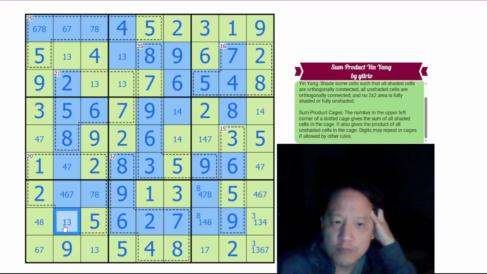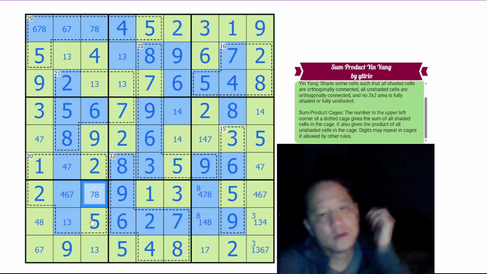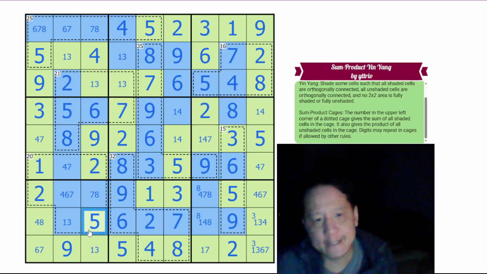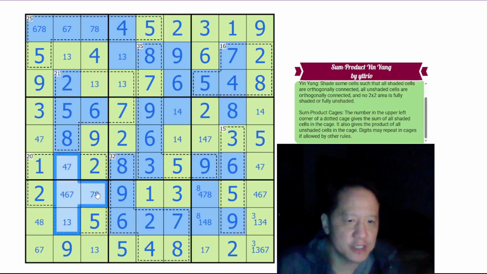It could be 1, 4, 7, 8 to add up to 20. So 1, 4, 7, 8. Or if it's 3, 4, 6, 7.